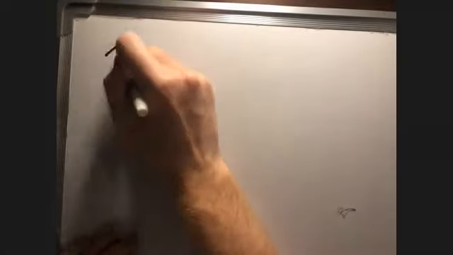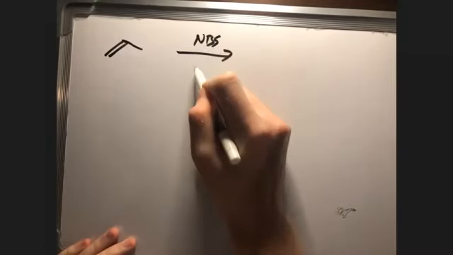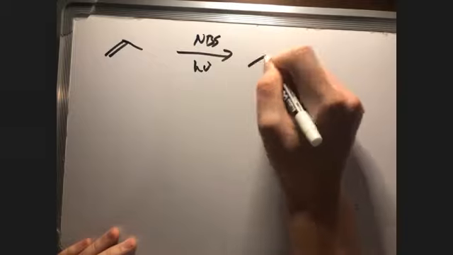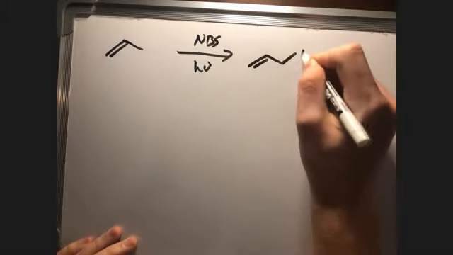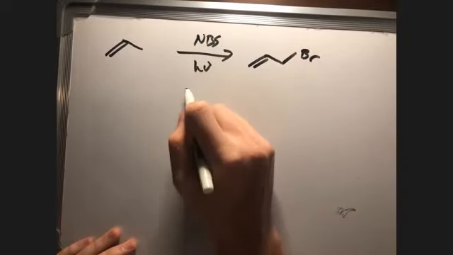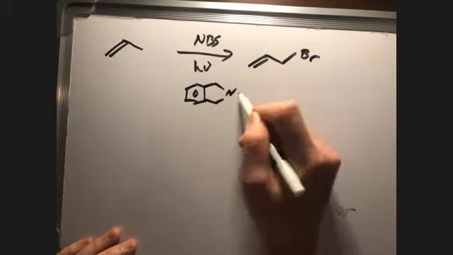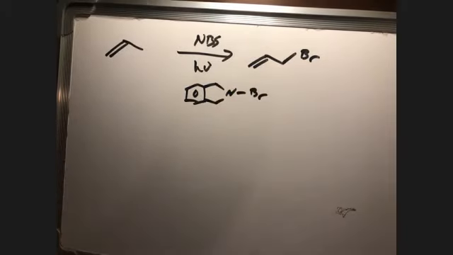getting to what I was alluding to there, you can have allylic bromination, which is this, where NBS is N-bromosuccinimide, which I don't recall the structure for sure, but it has this nitrogen-bromine bond.